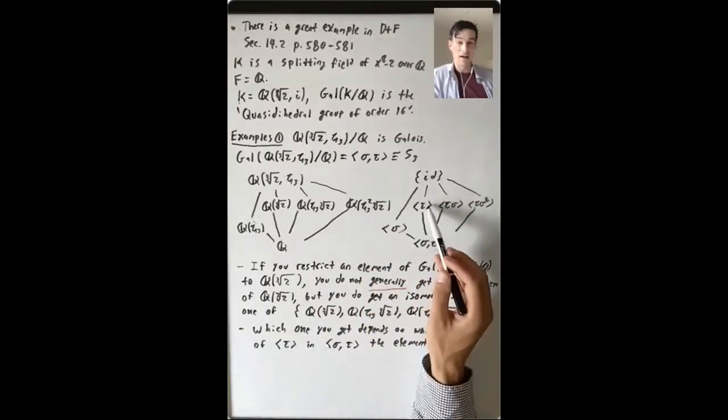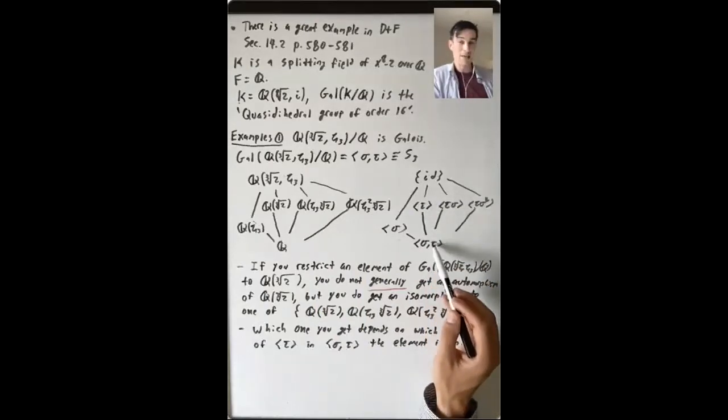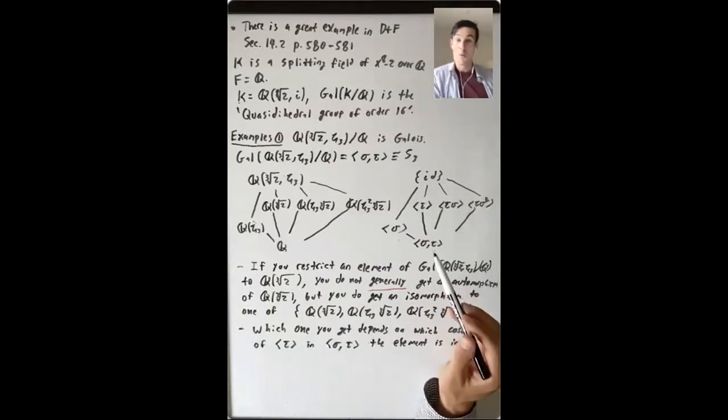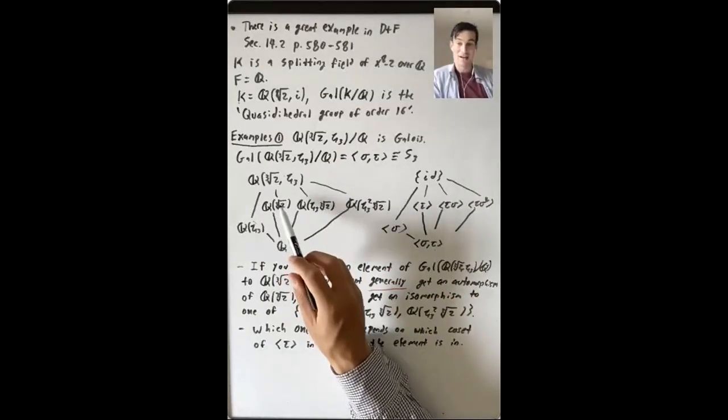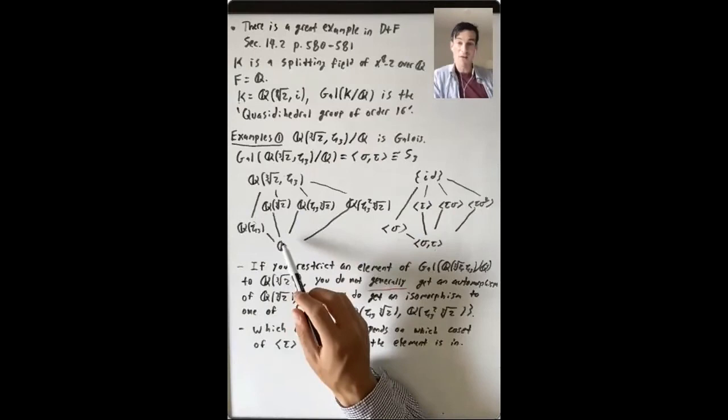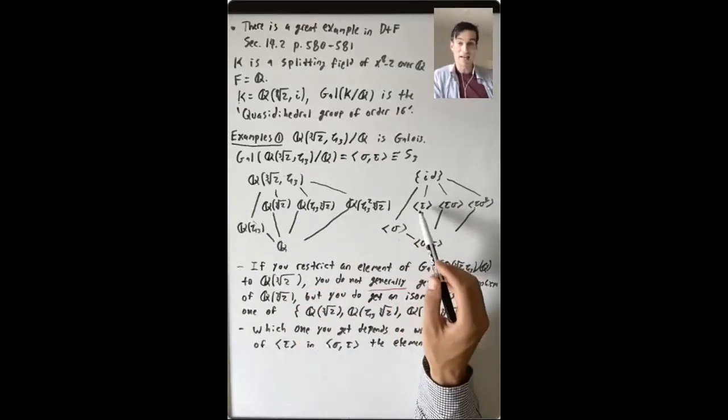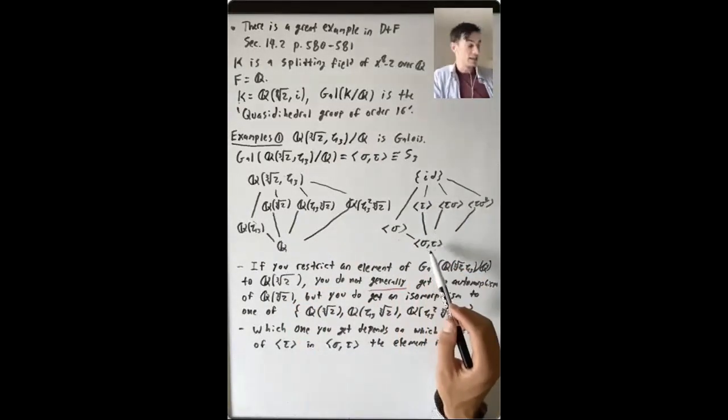It depends on which coset of this subgroup generated by tau in the big group the element you're restricting is in. Okay, why is that true? Because in our discussion of the properties of the Galois correspondence, we talked about this correspondence between embeddings of E fixing F and cosets of H inside of G.